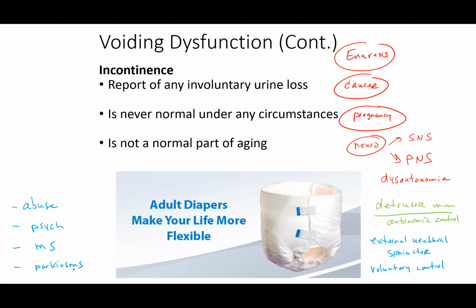The external urethral sphincter is also innervated by the pudendal nerve. The pudendal nerve runs in that perineal area. If you can visualize yourself sitting on a bicycle seat, where that saddle would be touching your body, the perineal area, that's basically where the pudendal nerve innervates.